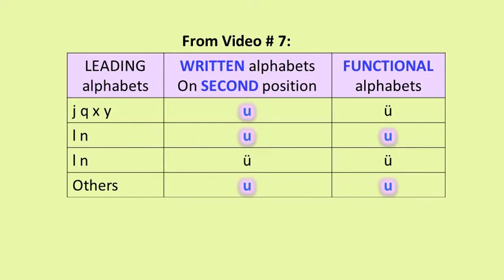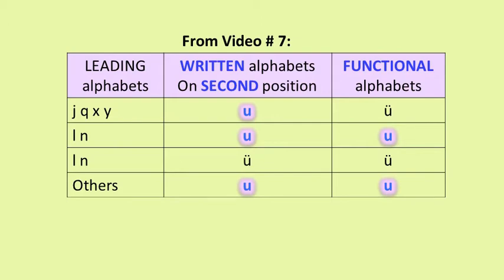In my previous video, I introduced a pair of terms: written alphabet versus functional alphabet. I also insisted you remember that once you see a written pinyin starting with JU, QU, XU, or YU, you have to read that written second alphabet U as its functional alphabet Ü.